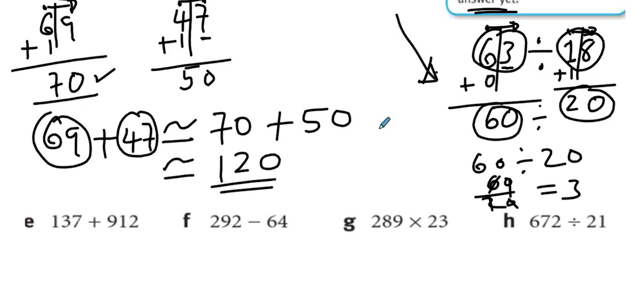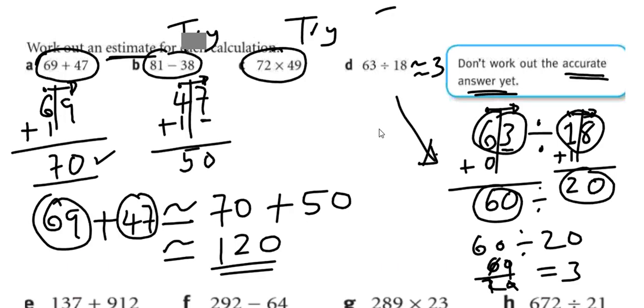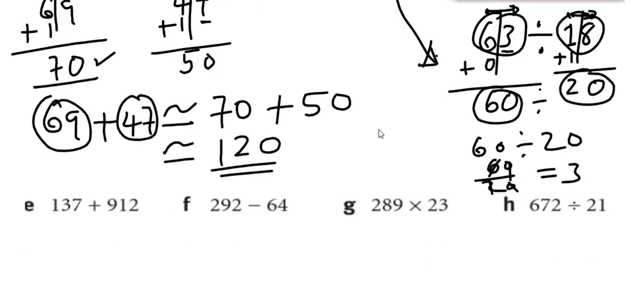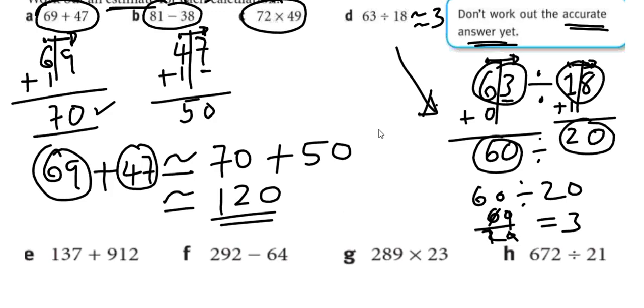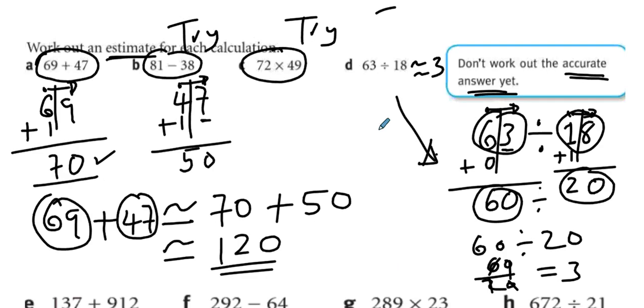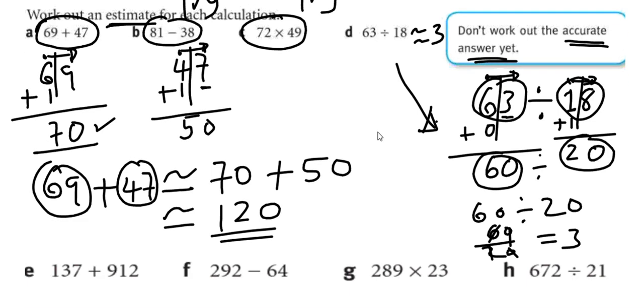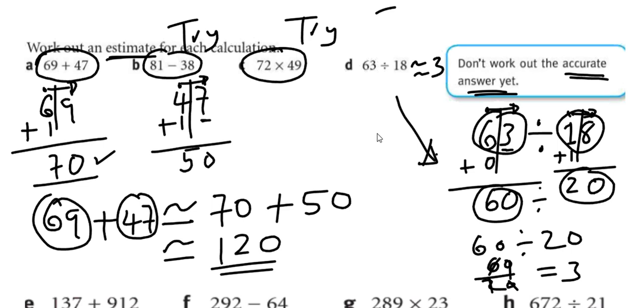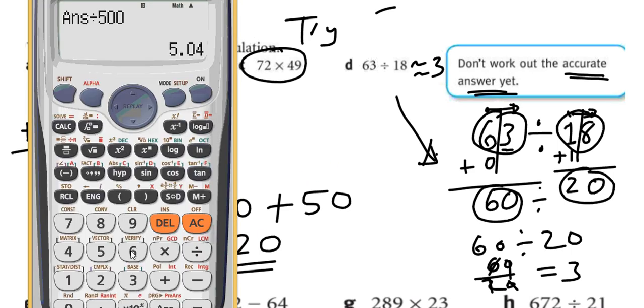60 divided by 20. Let me check properly. 63 divided by 18.